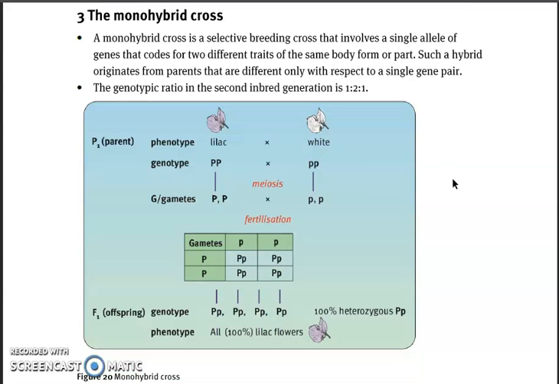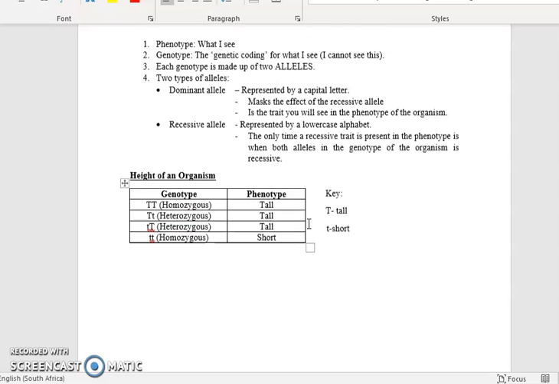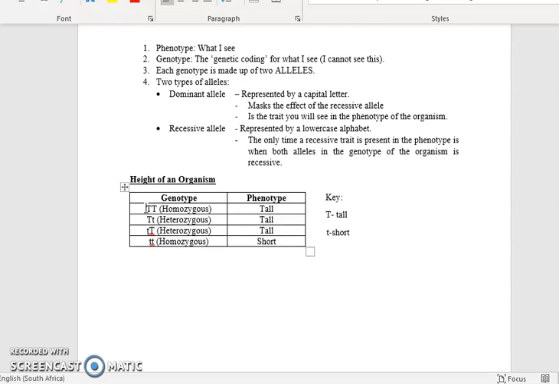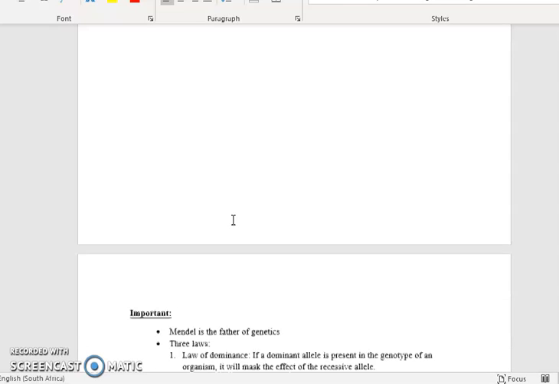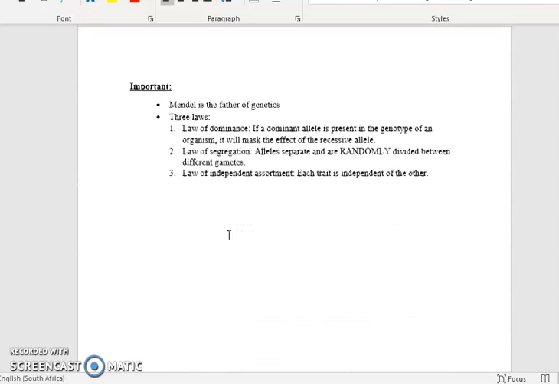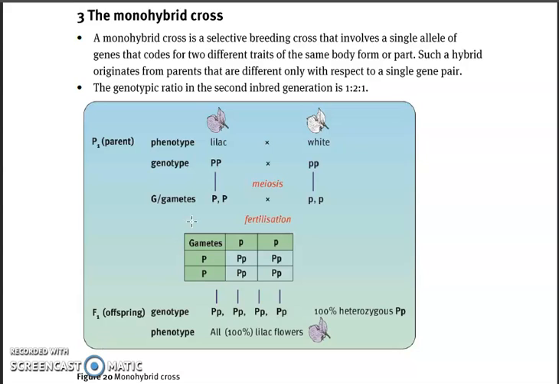So we did look at something similar in our examples here, where we looked at the different genotypes and the resulting phenotypes. So what we're going to do in this one is give it more structure.